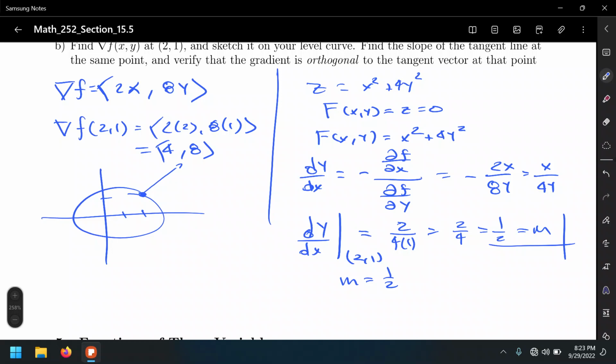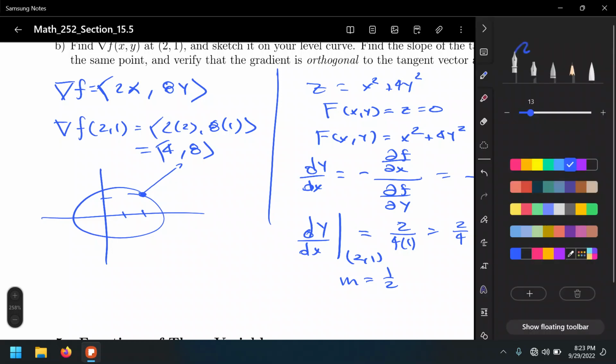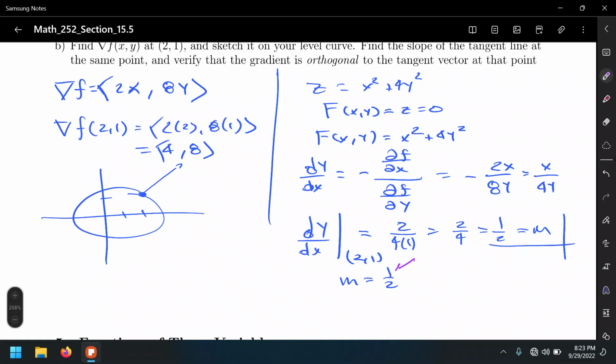This is some delta y over delta x. That's how we represent vectors when we write them in component form. The x component is basically the delta x, and the y component is basically the delta y from the origin when we write them in standard form. So from here we can write this vector.